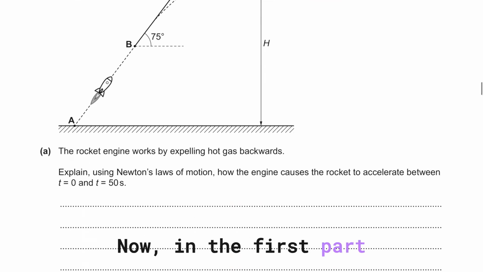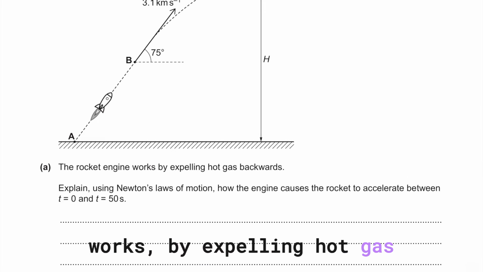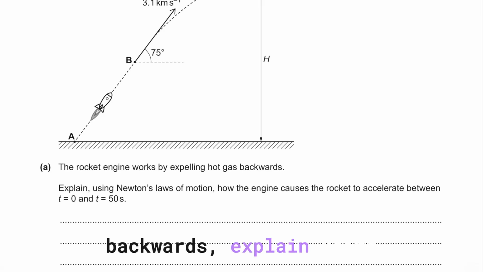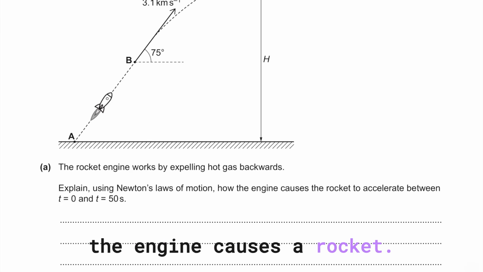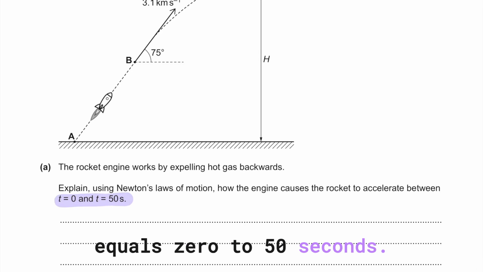Now in the first part, it says the rocket engine works by expelling hot gas backwards. Explain using Newton's laws of motion how the engine causes the rocket to accelerate between t equals 0 to 50 seconds.